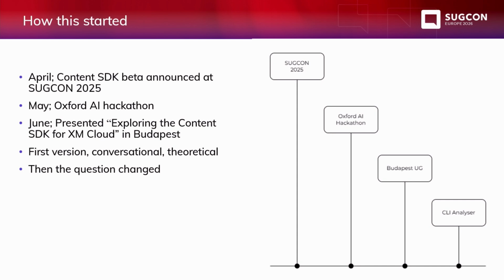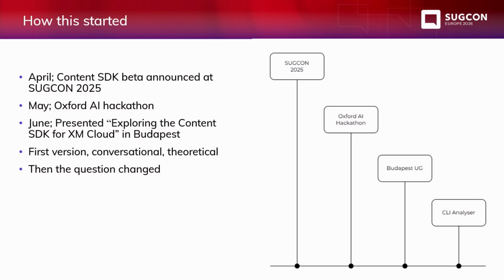And then tell me what I need to do to migrate that code base from JSS to the Content SDK. It was all through the use of my voice, which was fun, but somewhat theoretical still at the time, and very much based on a single problem.